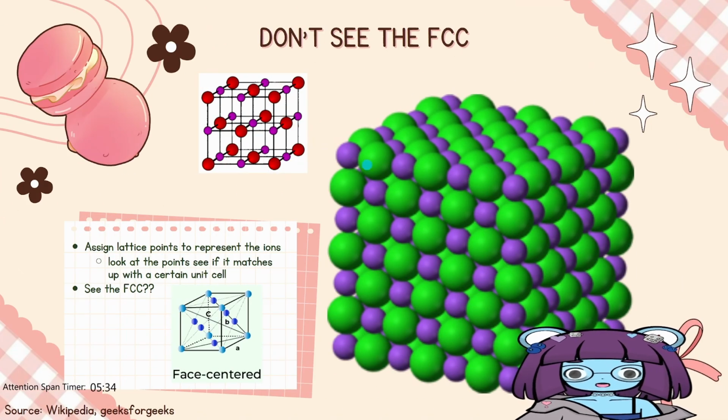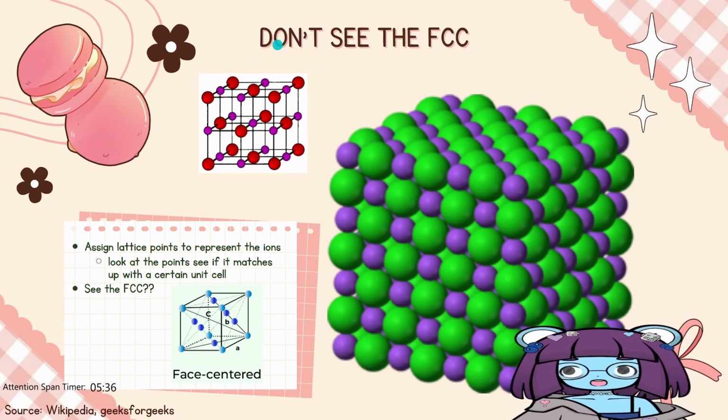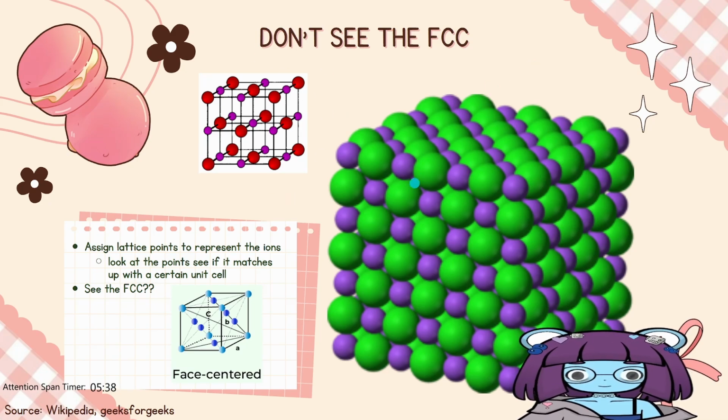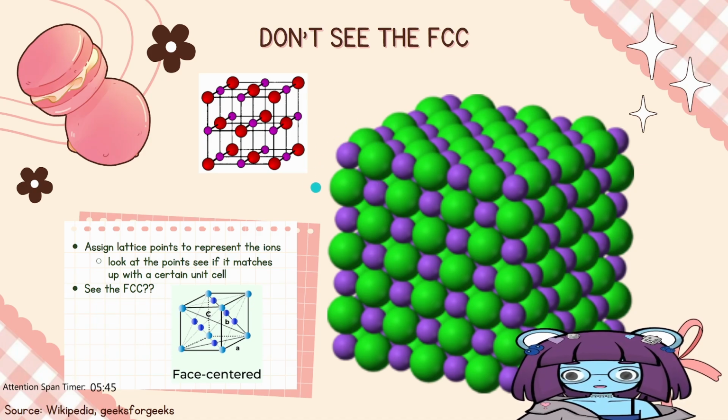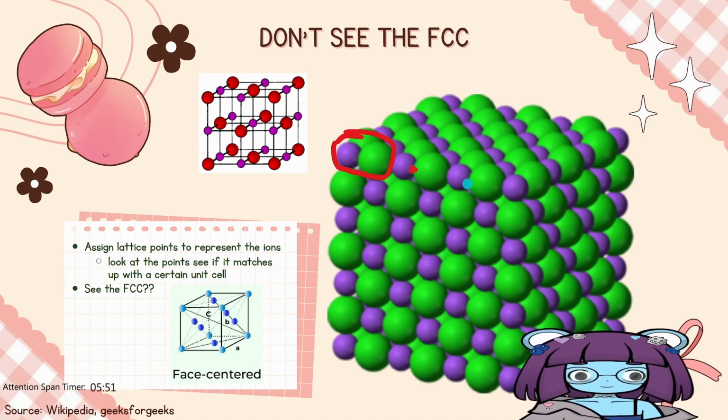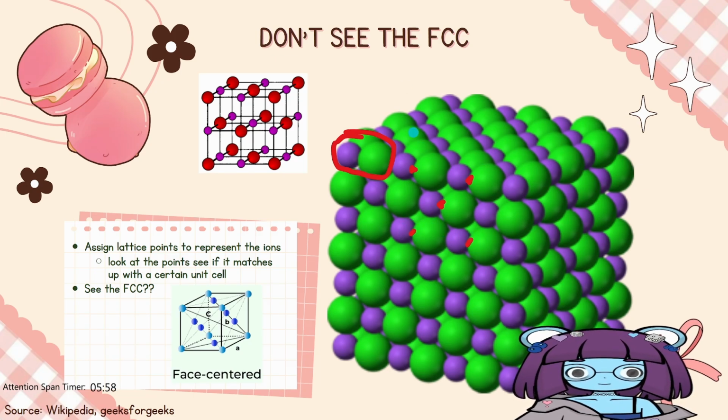Here is the crystal structure of salt. It is basically this unit cell but repeated a bunch of times. The chloride ions are the green and the sodium ions are the purple. And I will be assigning a lattice point per pair. So one of these pairs I'll be assigning a lattice point. I'll put a lattice point right here, here, here, and then for this one, right here, here, I'll be putting more lattice points at the top as well.